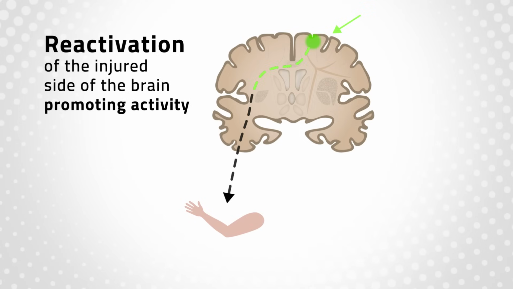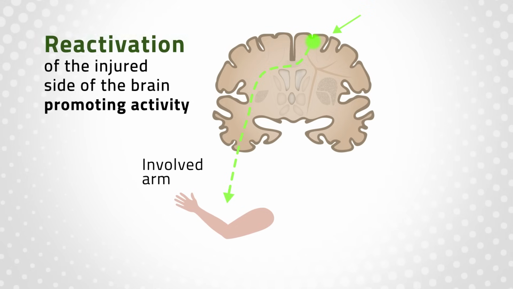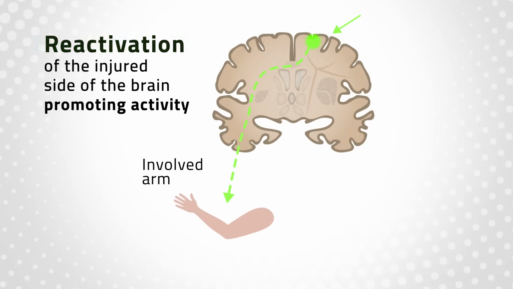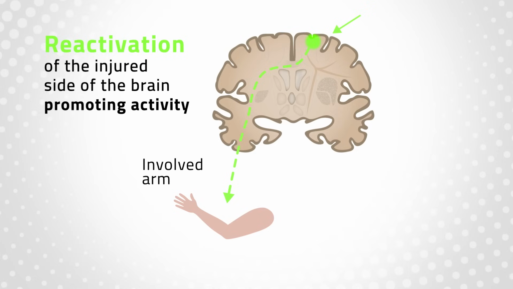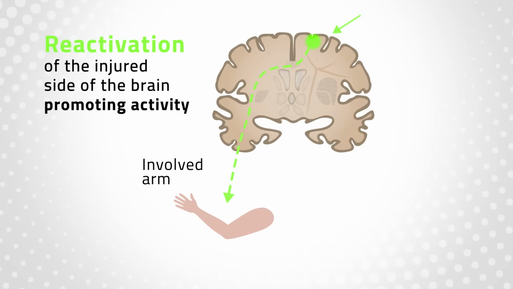All of that said, we've got rebalancing, we've got reactivation. Most therapy interventions currently that we do really focus on the reactivation theory. And again, that involves presenting activities to the involved arm, facilitating the involved arm participating in those activities, and getting that ipsilateral sprouting, getting axonal sprouting on the involved hemisphere.